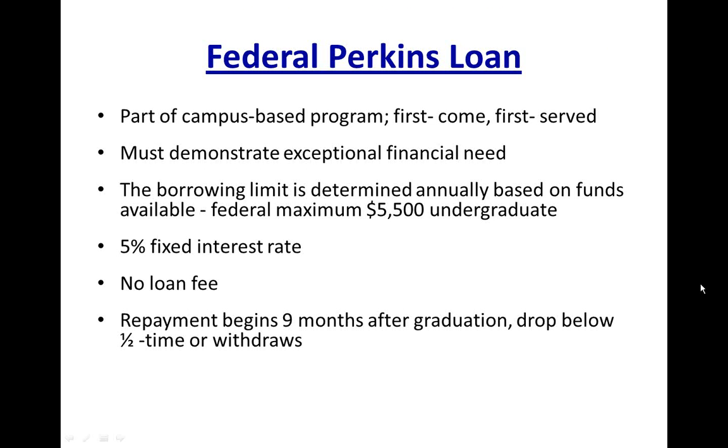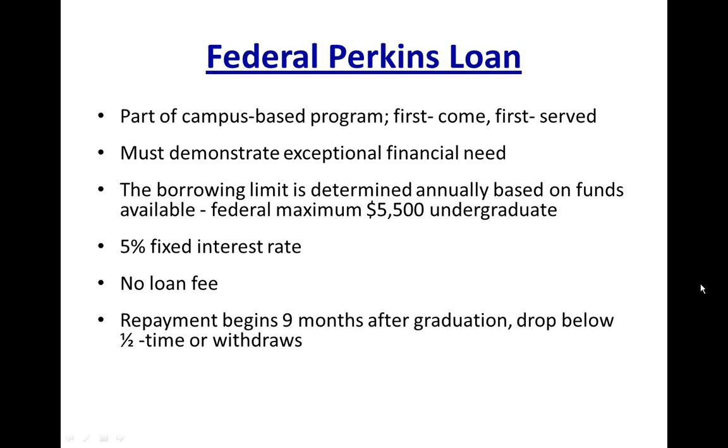The federal Perkins loan is part of the campus-based program, so this is a limited program based on first come, first served, and students must demonstrate exceptional financial need to get this Perkins loan. The borrowing limit is determined annually based on funds available. The federal maximum is $5,500 for undergraduate students.